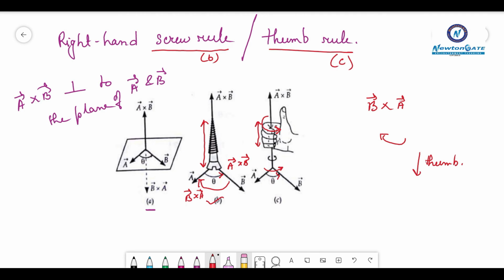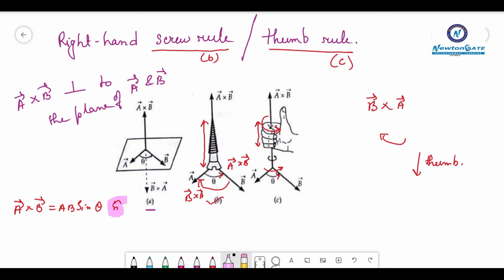So when it is B cross A, the direction will be downwards, and when it is A cross B, the direction will be upward. So the direction of the thumb gives us the direction of the product value. That is, when I write A cross B is equal to AB sine theta n cap, this n cap is the direction we are finding.